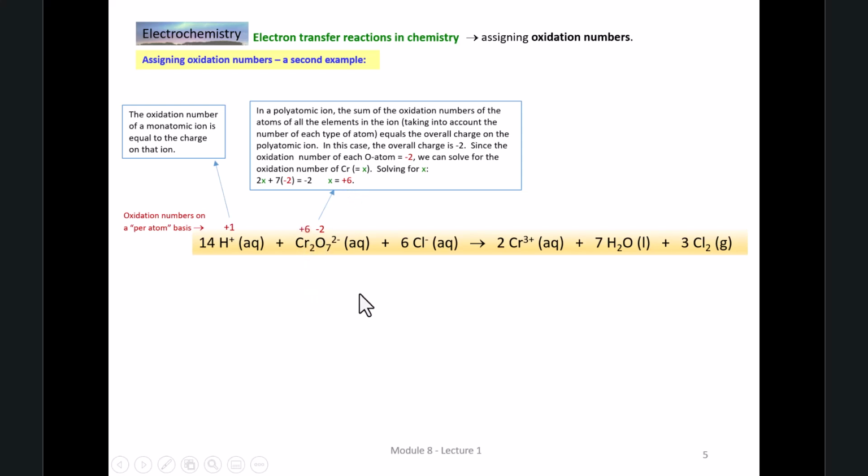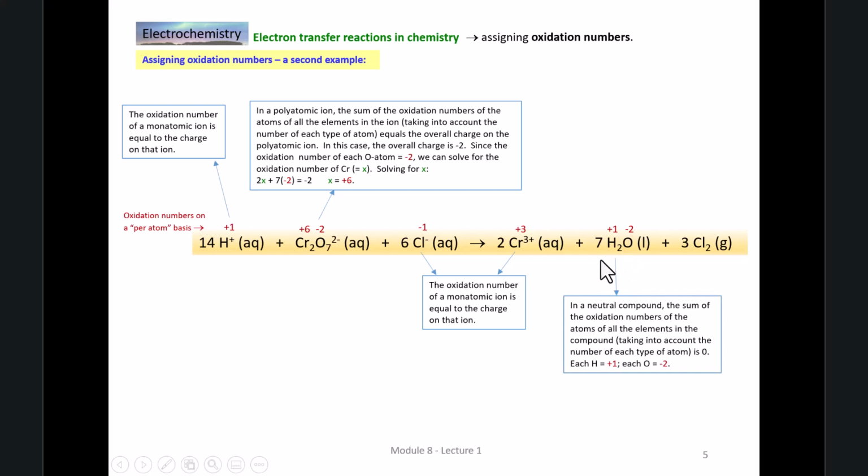The oxidation number of chloride is, of course, -1, and the oxidation number of chromium 3+ is, of course, +3. If we get to water, we know oxygen has a -2 oxidation number, and we know hydrogen has a +1 oxidation number, and that all makes sense because this is a neutral compound.